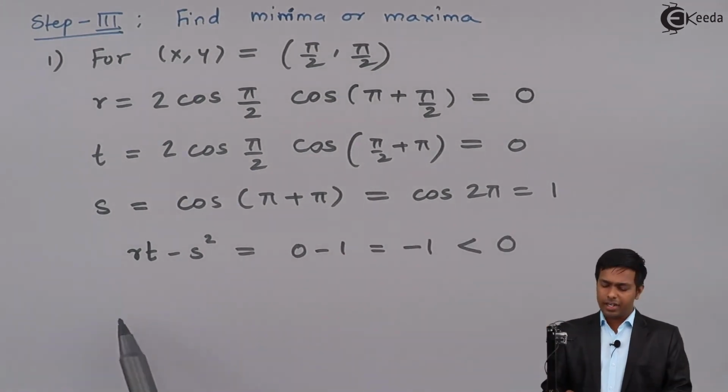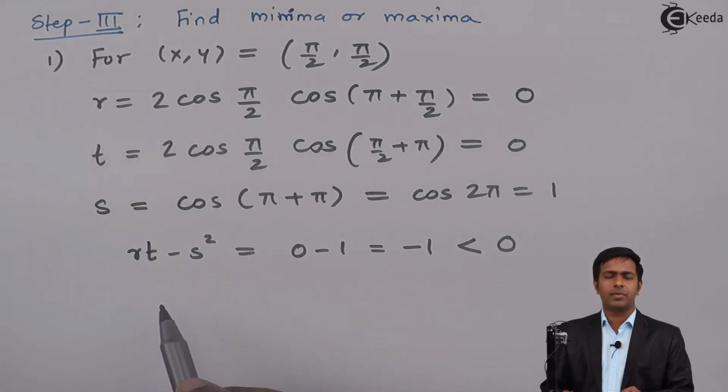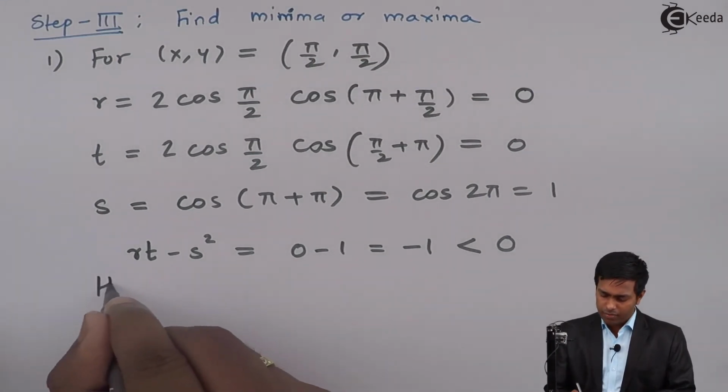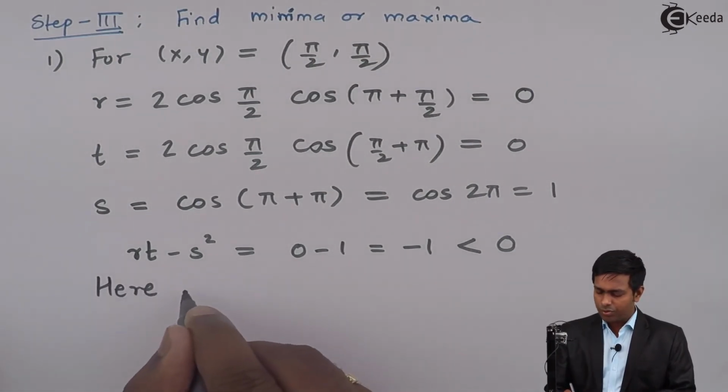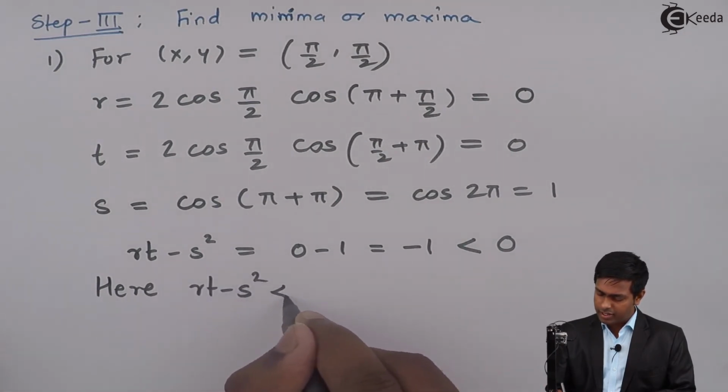And whenever rt minus s square is less than 0, that time we say that there is neither minima nor maxima, because that is a saddle point, and hence we reject that pair. So here due to rt minus s square is less than 0.